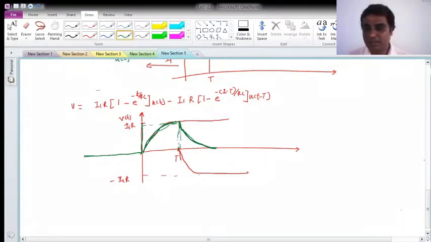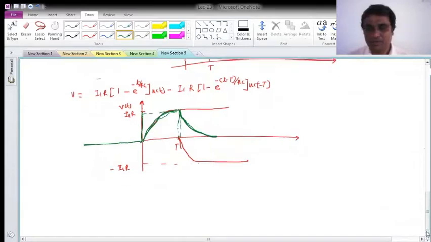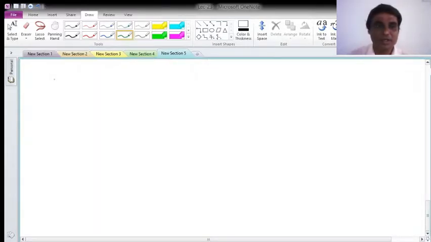Next we'll see some problems from the book. Up to 5.10 we have solved it, I think, long back. Now next we'll see example 5.11.